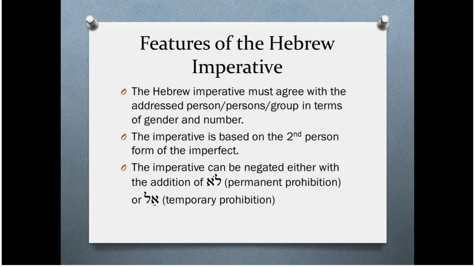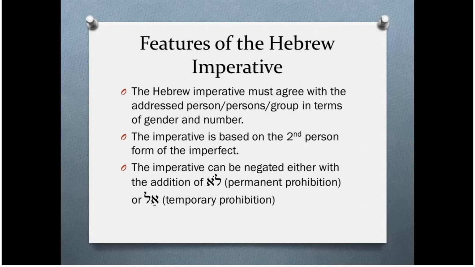And it will be inflected in terms of both gender, so masculine, feminine, and also in terms of number, that is, singular or plural. And then all of these are going to be based on the second person form of the imperfect, as you can see from the second point. So that's where the person part comes in. The imperative is based on the second person form of the imperfect. So this actually works out to our advantage, since we've been working on the imperfect for the past few weeks. We can use that background knowledge, as you'll see in the next slide, to help us learn the imperative.